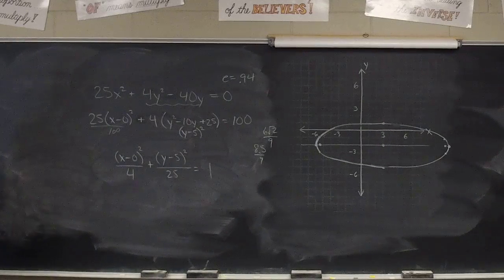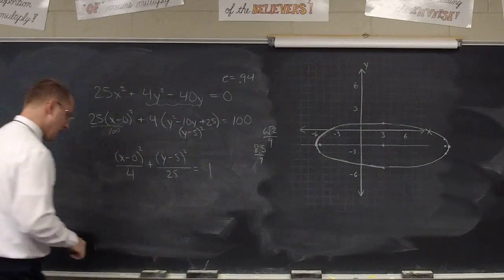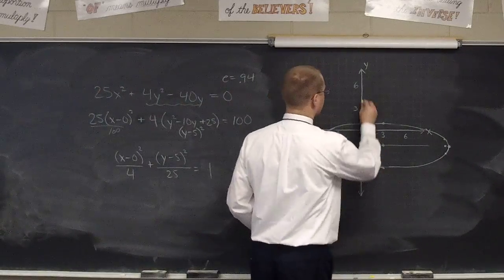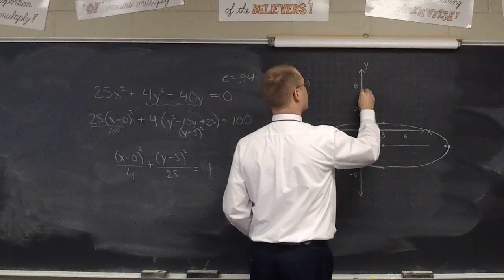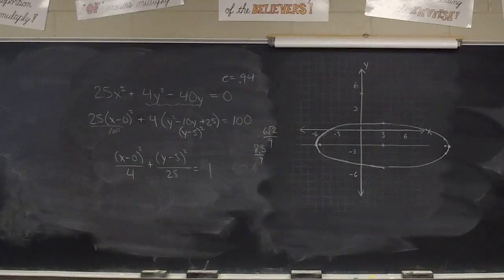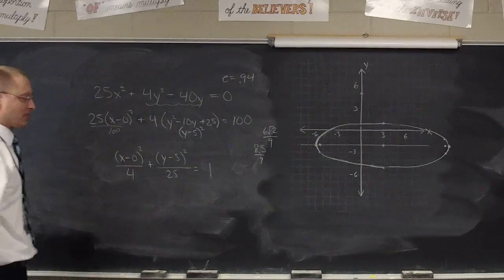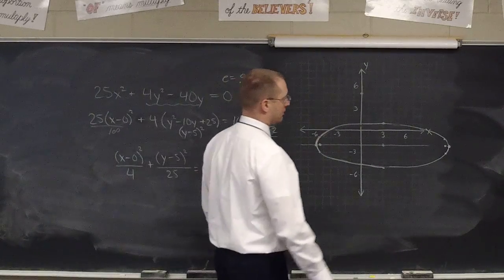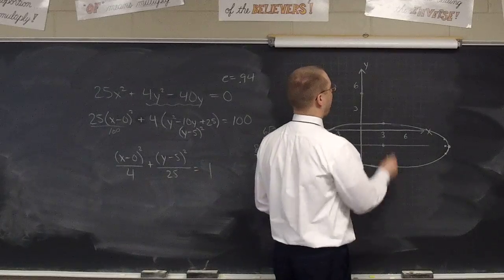This one's going to be kind of annoying also. Where's the center? 0, 5. Which axis is major? The y-axis. Each side of the major axis is 10, so I'm going 5 each way, right?